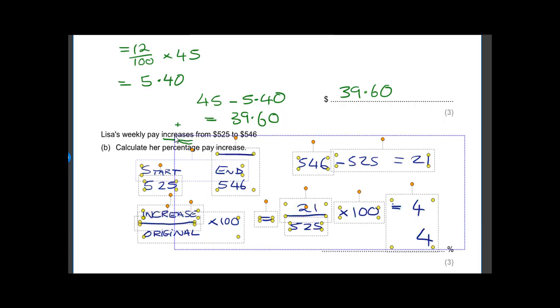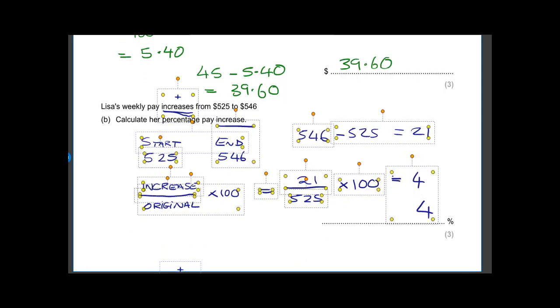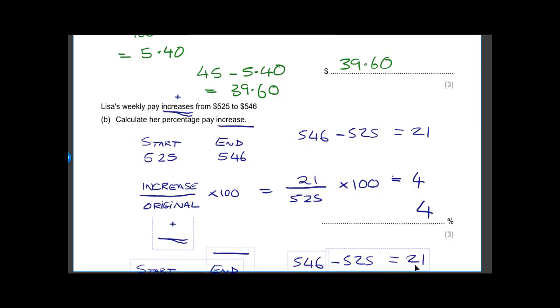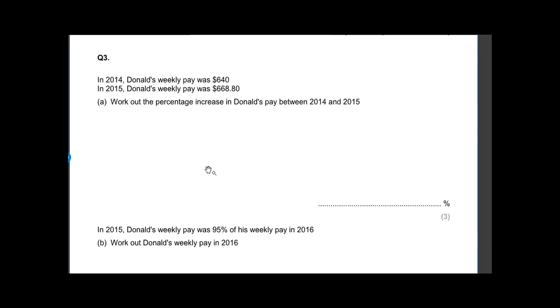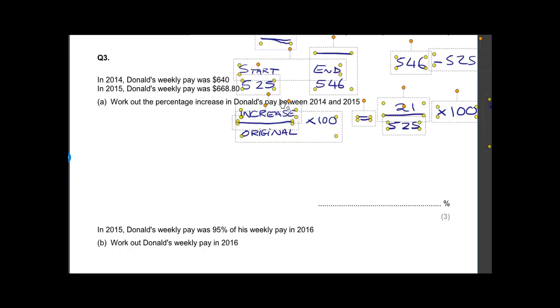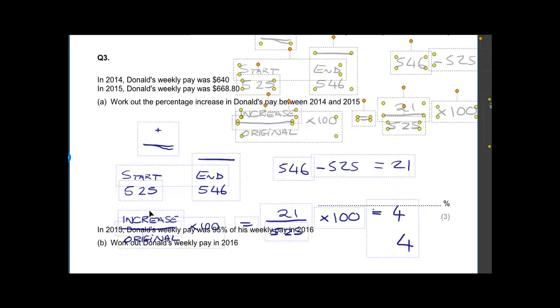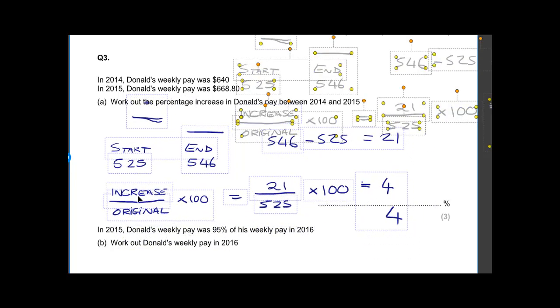All right. So that's it. It's literally the exact same, but with different numbers. I'll just pull it down now. So Donald, I'm just copying the whole thing down.